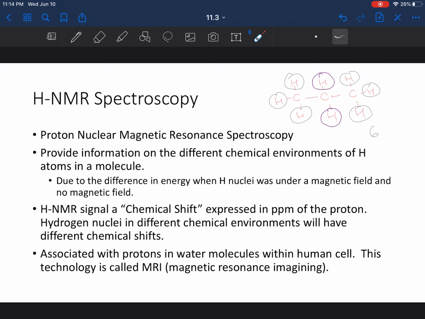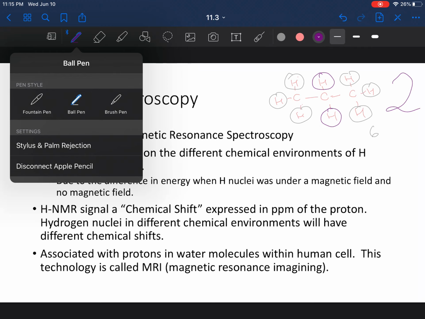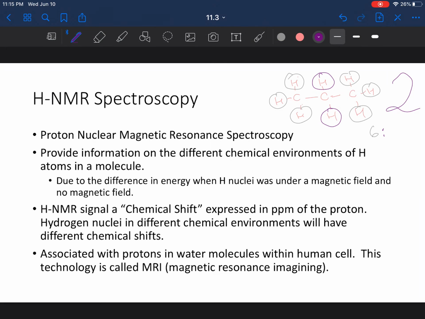So if somebody asks you how many different types of hydrogen environment you see here in propane, your answer would be 2. If somebody asks what the ratio is, or what they call the integration trace, the integration trace will be 6 to 2, or 3 to 1. Okay, so that's the basis of HNMR.